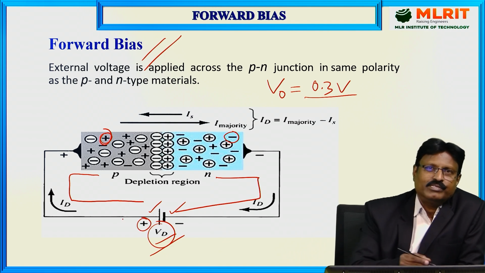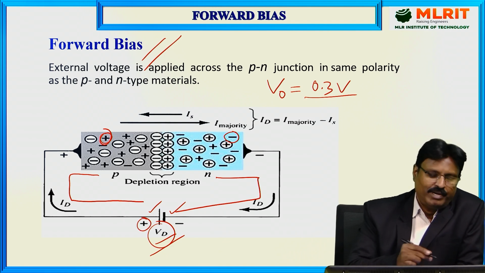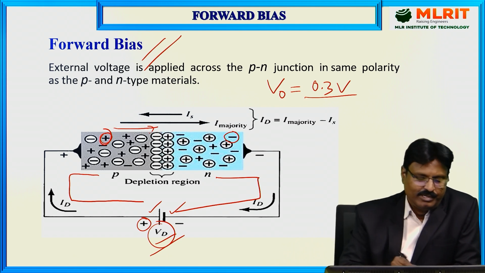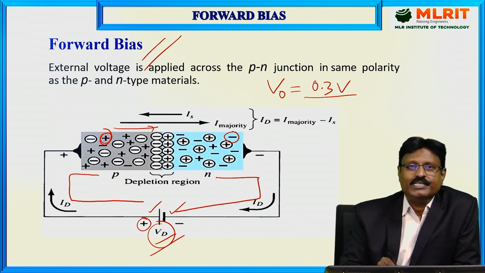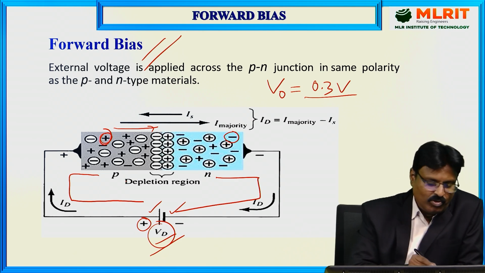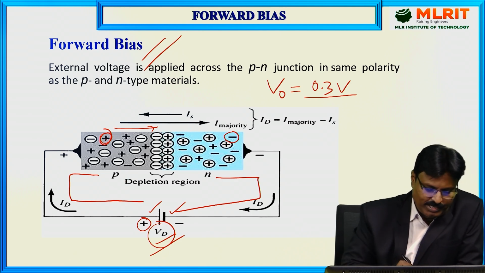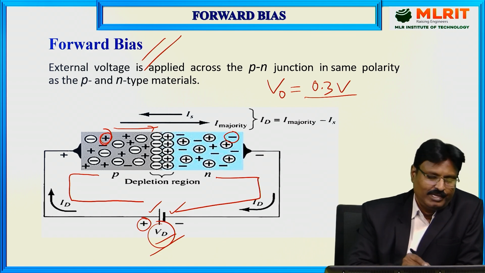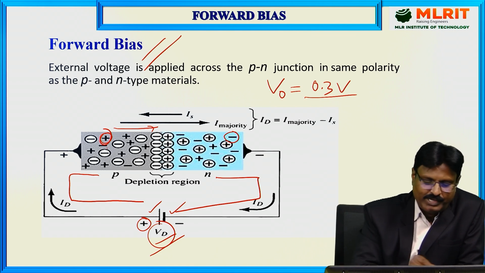Like charges do not attract, only repel. That's why these holes have to move from the P side to the N side, that means they have to cross the junction. Because this is a positive charge and this is a positive terminal, also a positive charge, there is no attraction, so the holes will move from the P side to the N side.